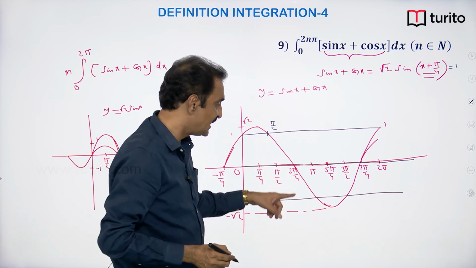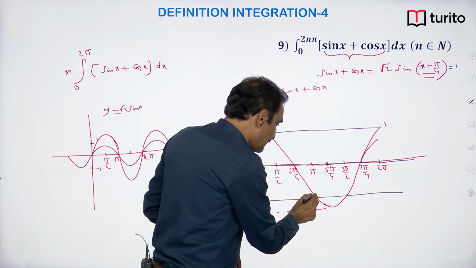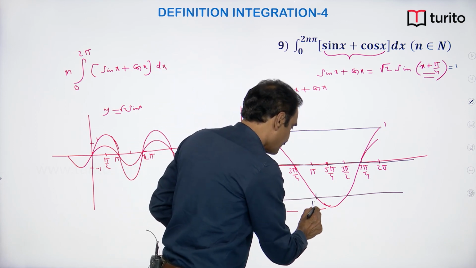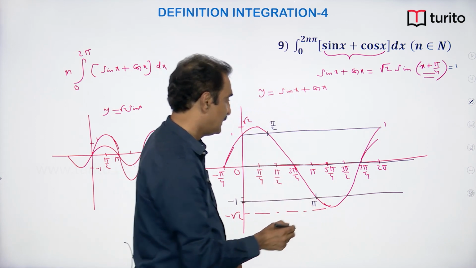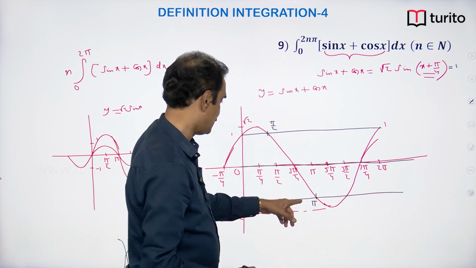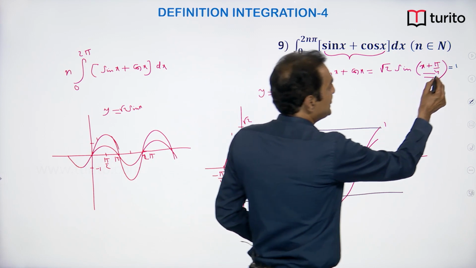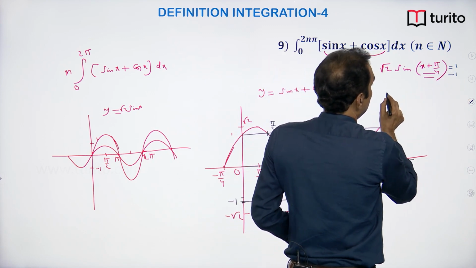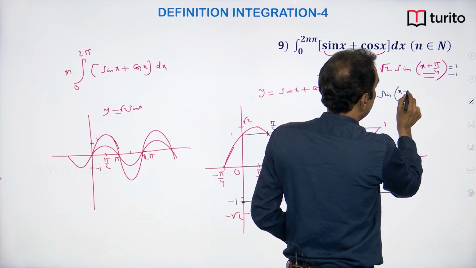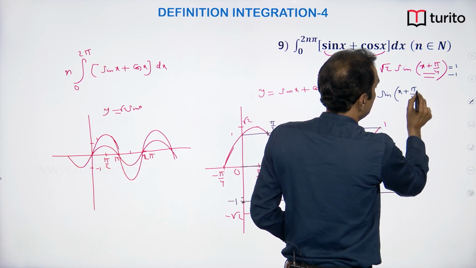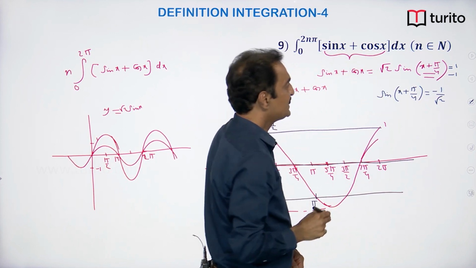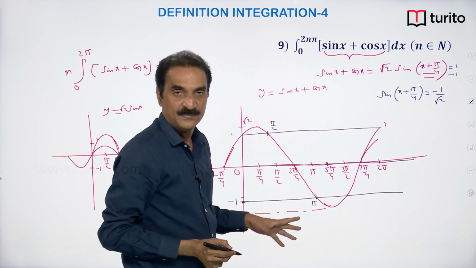Next, this point is 3 pi by 4, and this point will be pi only. This one will be pi or what? If it is equal to minus 1, sin(x plus pi by 4) will be equal to minus 1 by root 2, then x will be, yes, pi.